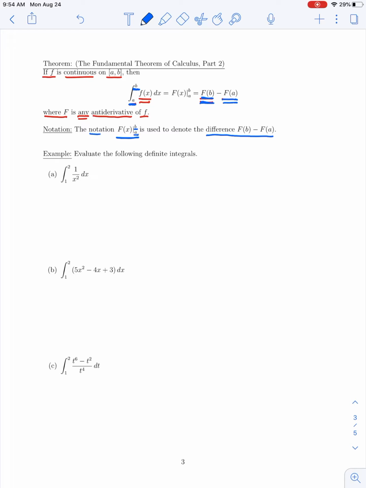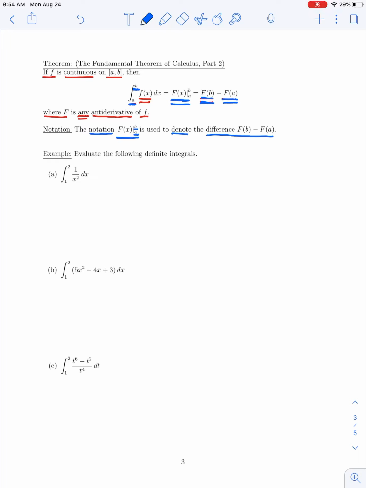So this notation, where we write a function F of x and then a vertical bar after it with the values a and b, is used as a shorthand to denote that difference, F of b minus F of a. So we could also include that notation as part of our theorem statement.